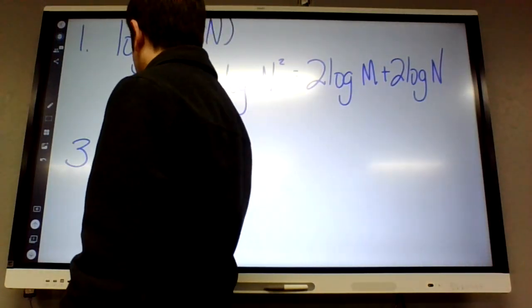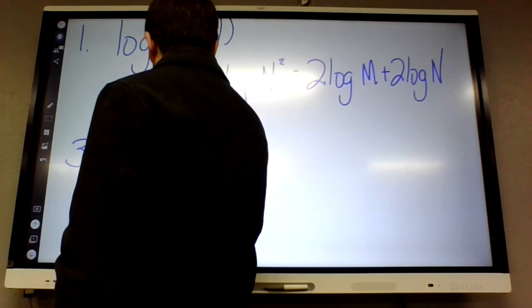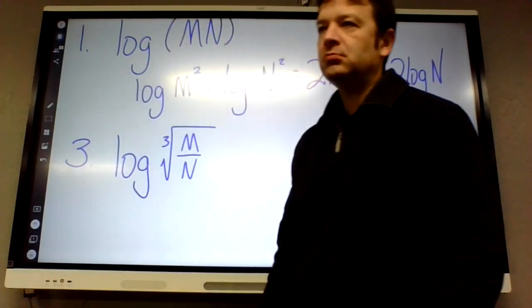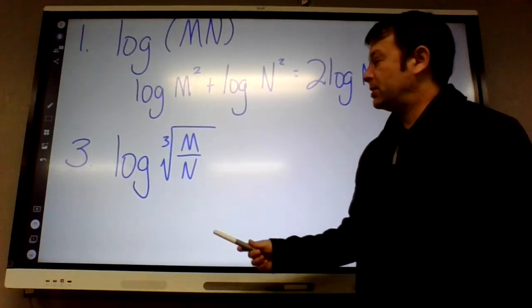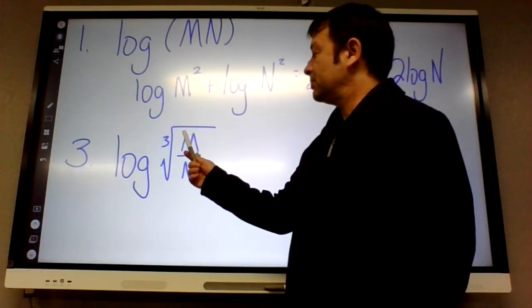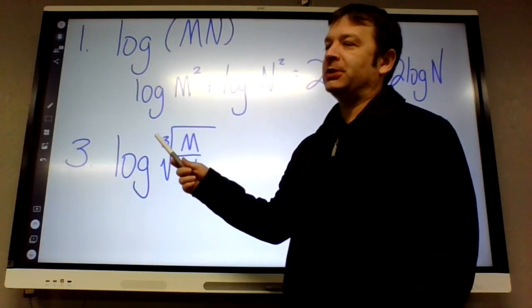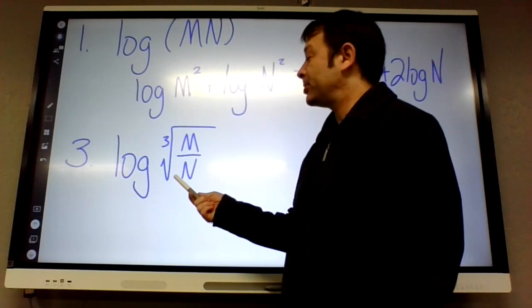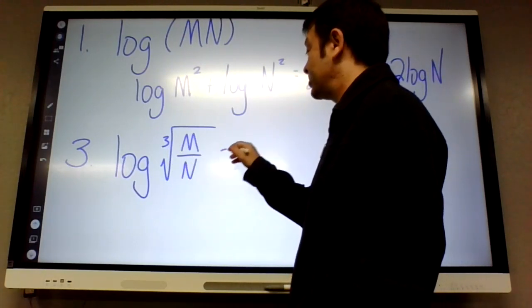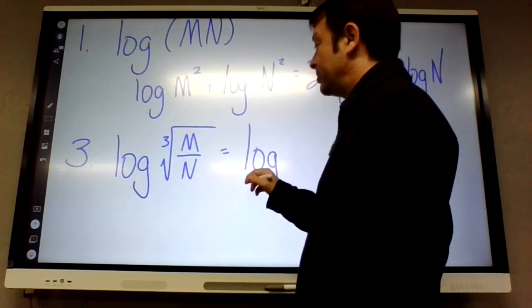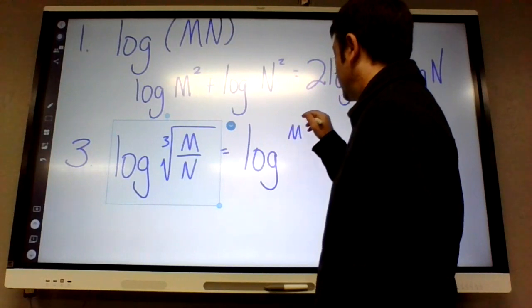All right, time to panic. You just put 1/3 for the log. Kind of, yeah. So the cubed root, like we did yesterday, if we get a radical, let's change it to a rational exponent. So the cubed root is what as an exponent? 1/3 power, right?